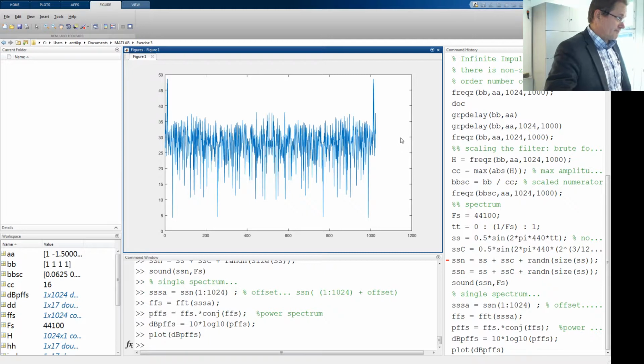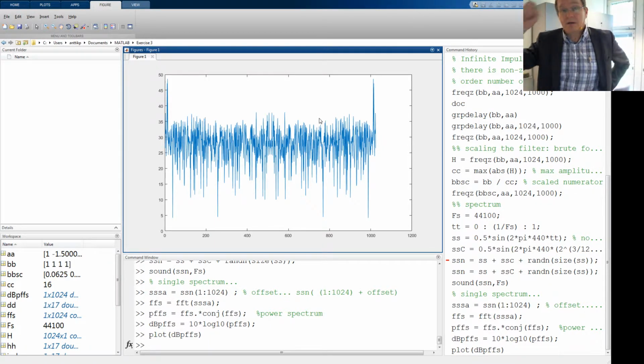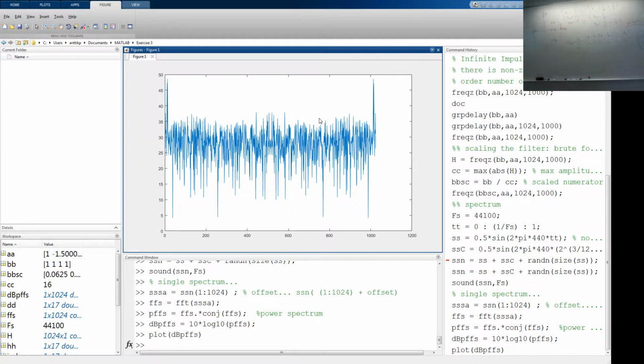Something funny on this picture. It's symmetric. And the middle point is at 512 points, or actually 513 to be exact. So what happens on this mapping on the Fourier transformation, especially for the radix-two Fourier transformation, is that basically it maps only the positive side.